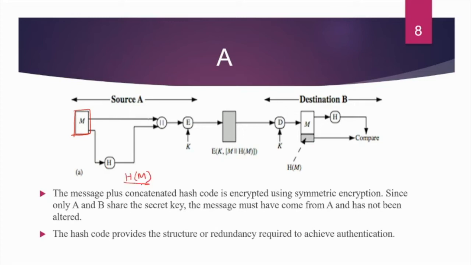Whatever the value of H of M is, it is appended with the actual message. This is the sign of append. So the value of H of M will be appended with the message, and what we get is the message M appended with H of M.